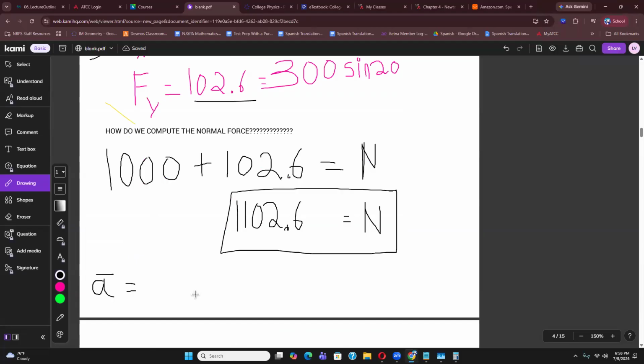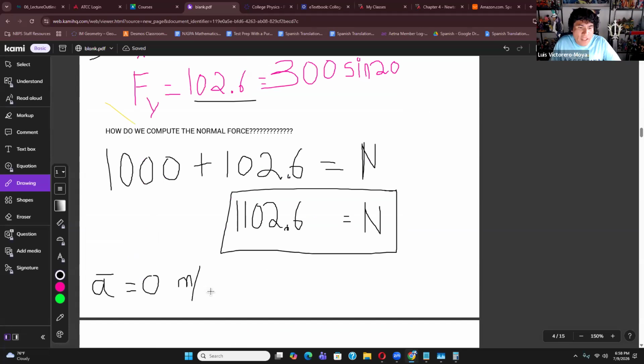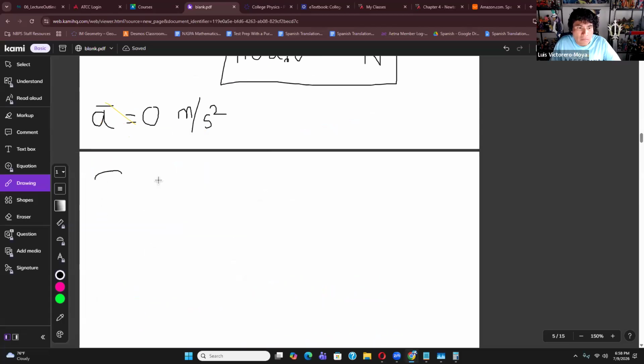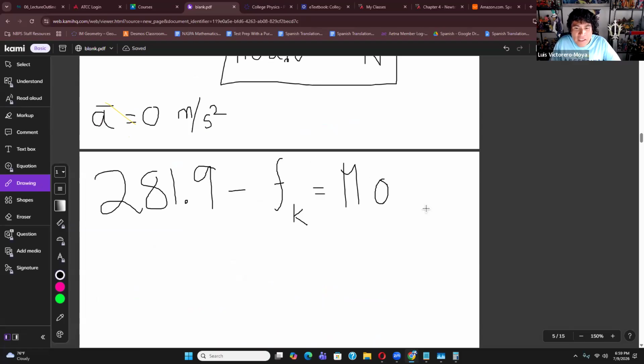Will it be 0? 0. So let's write Newton's second law then. What's the force that is making it move horizontally? Fx. So 281.9 minus kinetic friction equals mass times acceleration, so that's 0.